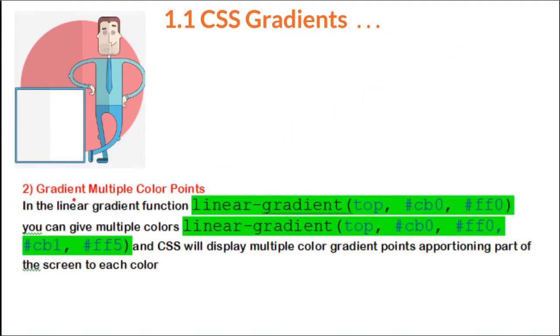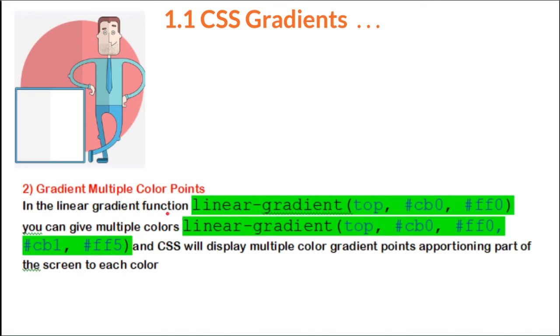We can also, in the CSS gradient function, have multiple colors in a range. So in the linear gradient function we can have linear gradient top CB0 FF0, but we can also give it multiple colors. We can say linear gradient top CB0 FF0 and then CB1 FF5.